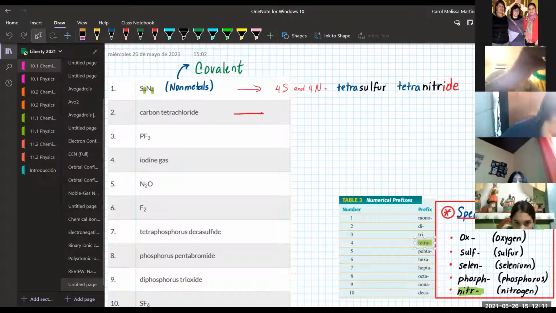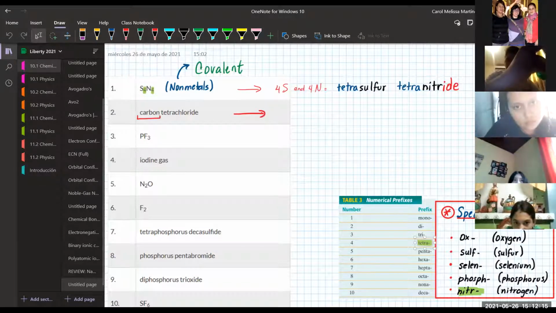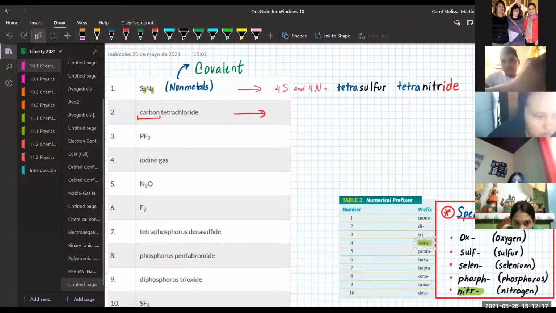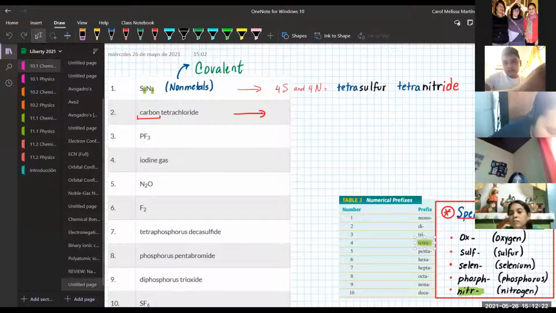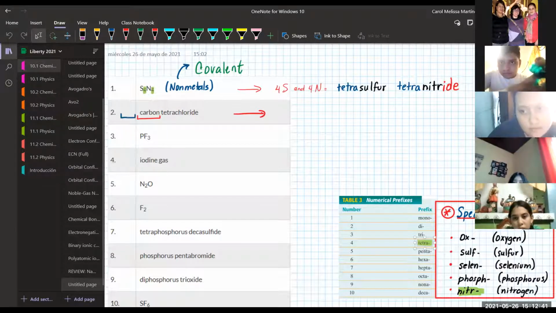Now, if we follow the same principle for the second exercise, carbon. You see carbon over there doesn't have a prefix. So, if it doesn't have a prefix, what number is that? How many atoms are those? 1.